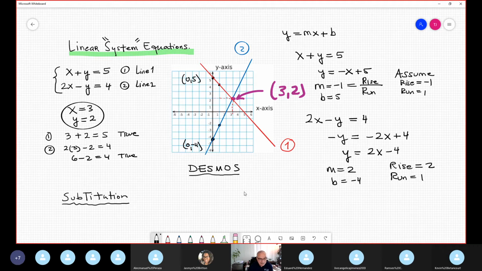Substitution is fantastic when you have coefficient 1 or -1. As I analyze in the original equation, we have here coefficient 1, here we have coefficient 1, and we have coefficient -1. Okay, so we can apply substitution.